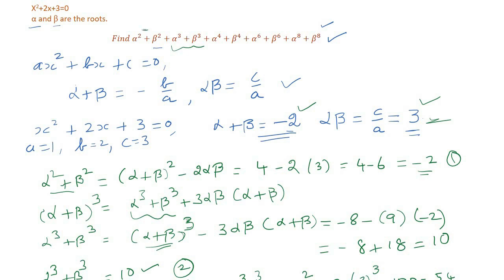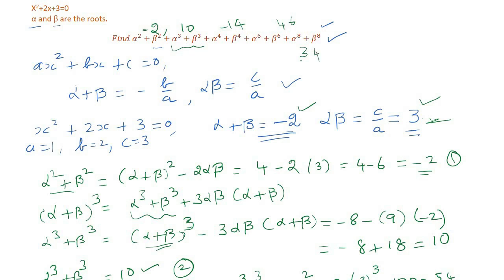Then alpha cube plus beta cube, 10. Then alpha to the power of 4 plus beta to the power of 4, minus 14. Then alpha to the power of 6 plus beta to the power of 6, we got it as 46. Then alpha to the power of 8 plus beta to the power of 8, we got it as 34.